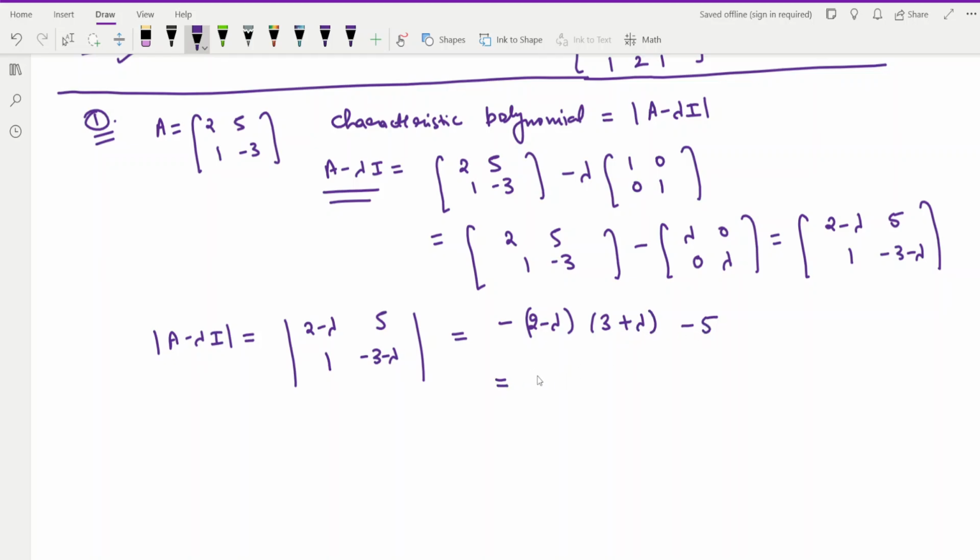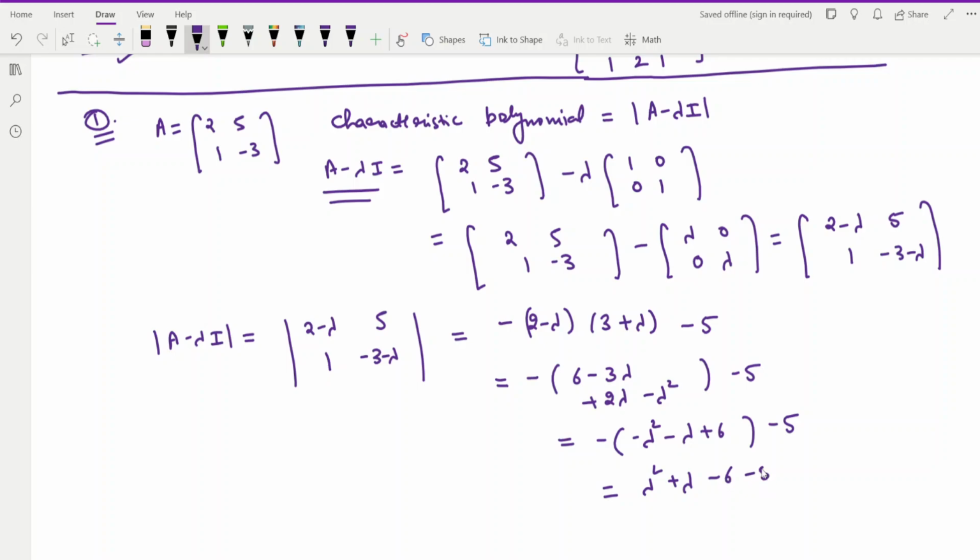If we simplify, it will be 6 minus 3 lambda plus 2 lambda minus lambda square minus 5. Taking minus common, it is minus lambda square minus lambda plus 6 minus 5. Ultimately I can write it as lambda square plus lambda minus 6 minus 5, so it will be lambda square plus lambda minus 11.